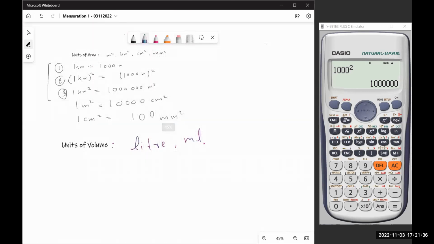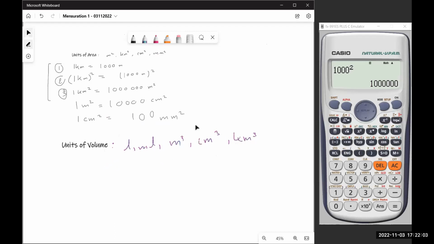Now I have volume: liter, ml. What if I tell you I also have km cube as a volume? So I want you to remove all of these for a second. Write liter, ml, then write meter cube, cm cube, km cube. All of these are for volume. Everything with cube. Is that clear?